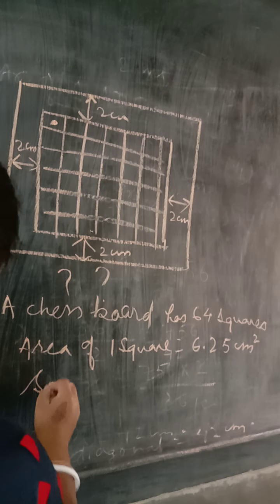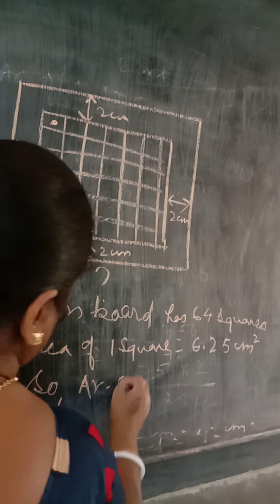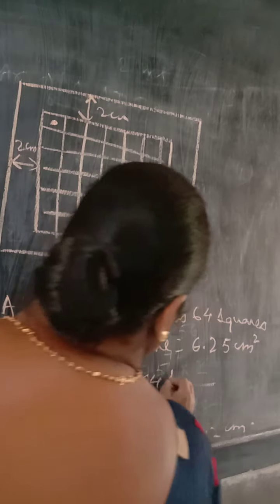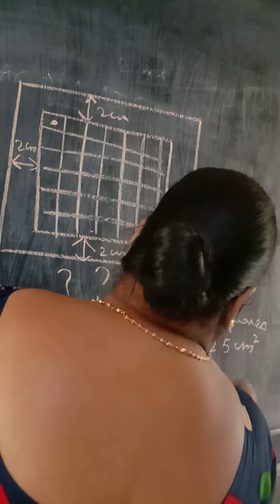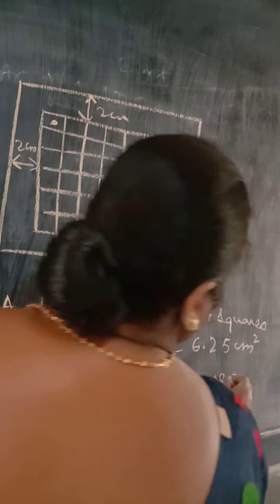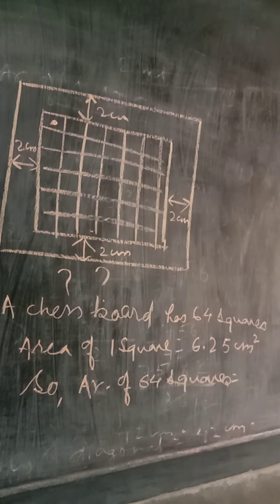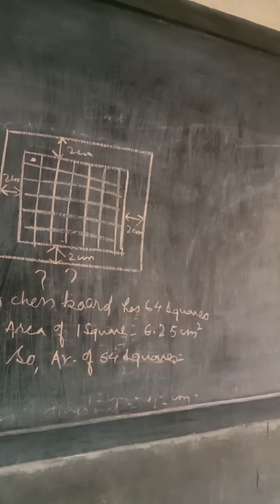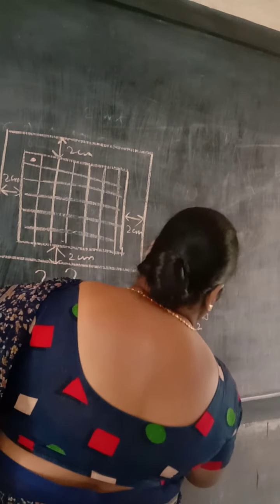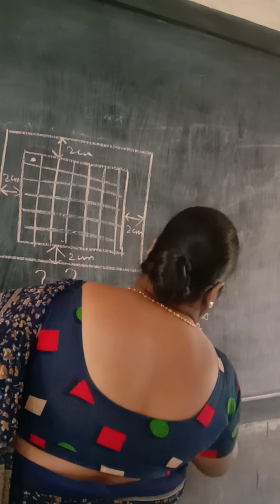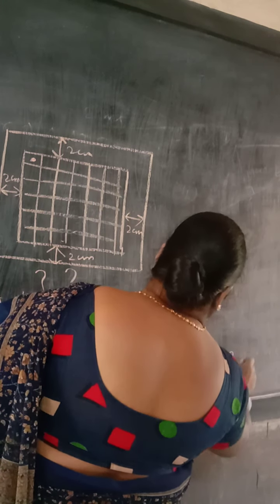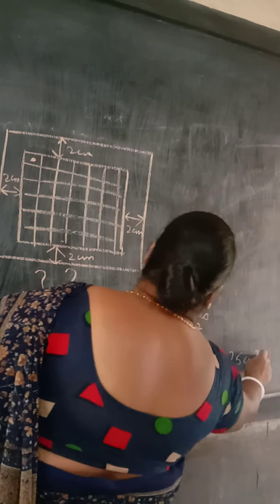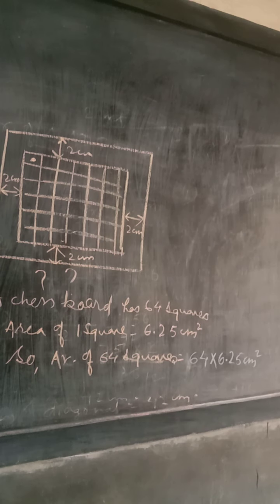So the area of 64 squares would be, what will be the area of 64 squares? Can you tell me? 64 into 6.25. It will be 400 centimeters square. Till here no problem, I think.